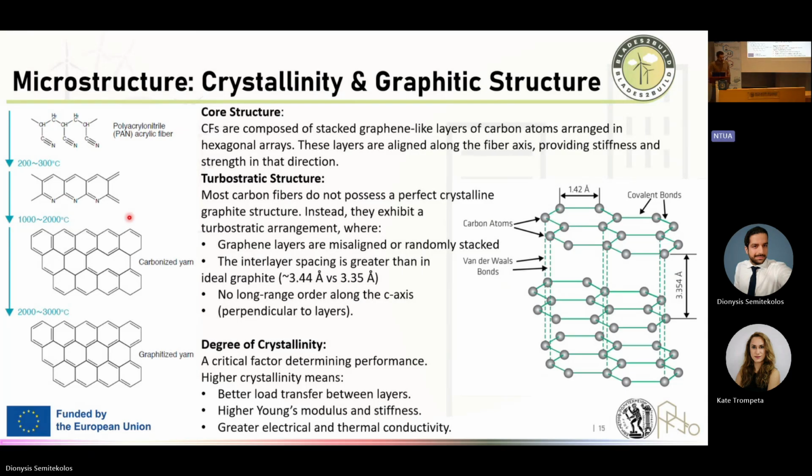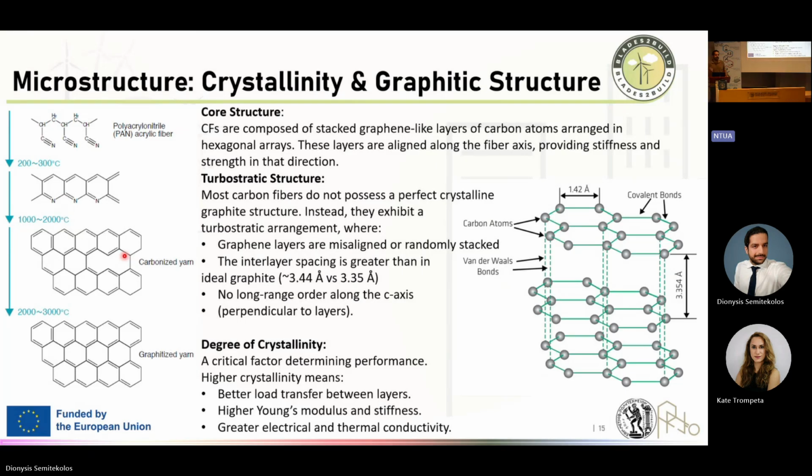This happens specifically because in the less ideal structure, for example here in this defect, the stress that is applied will have this barrier there. So it will not be so facile.